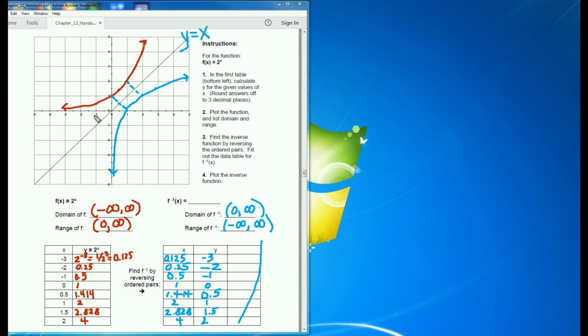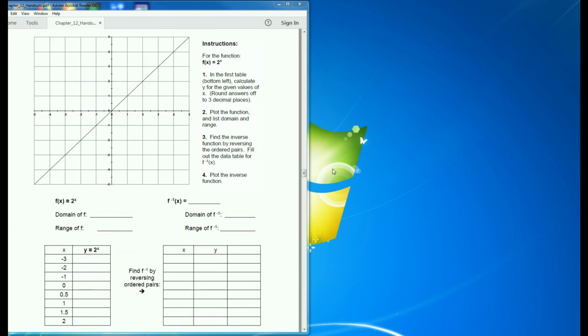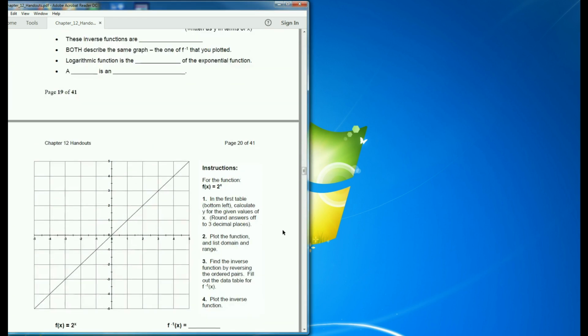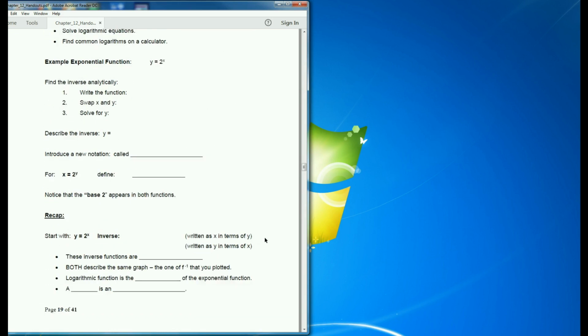So if you just check out a few of our points, you'll see that that's the case. Okay. All right, so now that we have a graph of the inverse function, I'm going to delete this and I'm going to go back to the previous page. Here.